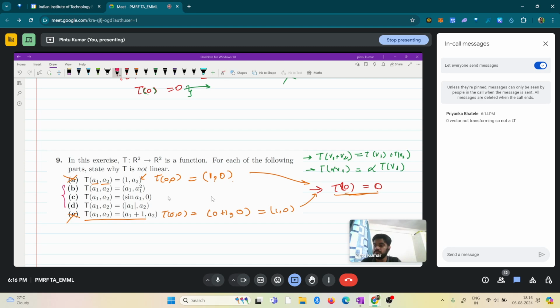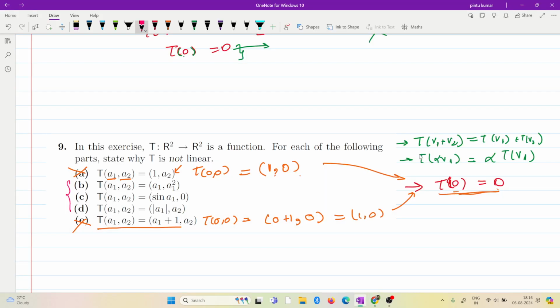Second one: there is a square term, so it would violate the first property or the second property. If you look carefully, it would violate both, right? You can use any of the properties to say that it is not a linear transformation. So if you have, let's say, P of alpha times V1, it would become (alpha a1, alpha a2).